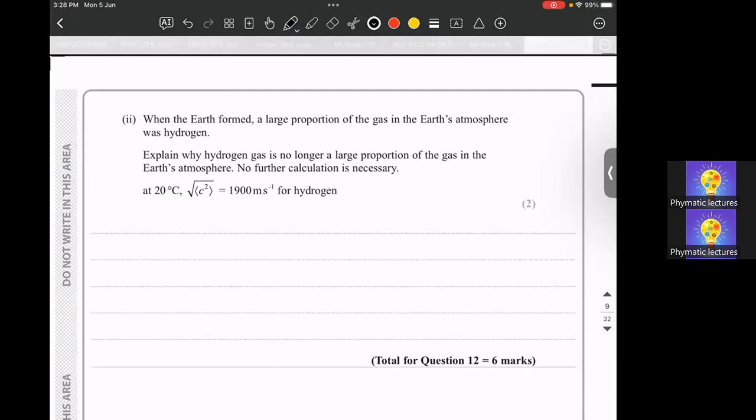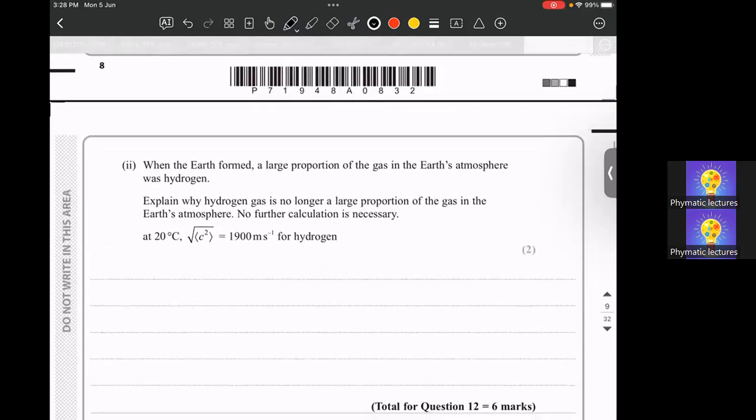No further calculation is necessary. At 20 degrees Celsius, the value of root mean square speed is 1900 meter per second for hydrogen. So what is the answer for this question?